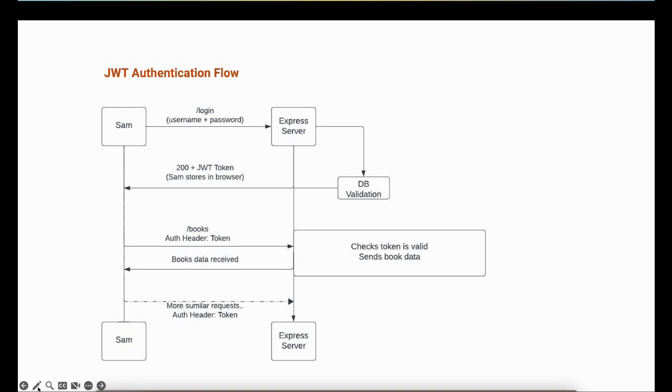Now once this token is stored in Sam's browser, let's say he wants to make another API call to /books. Instead of sending the original username and password, he can just send the authentication token from his browser storage as an authentication header, and our backend Express server can simply verify the token and check if it is valid and has a proper signature.